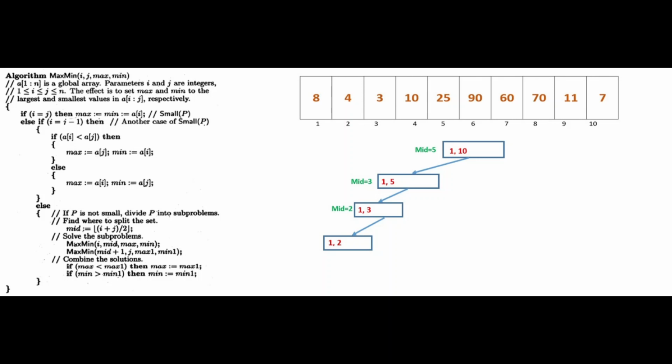We have two elements, a of 1 and a of 2. Please look at the array: a of 1 is 8 and a of 2 is 4.